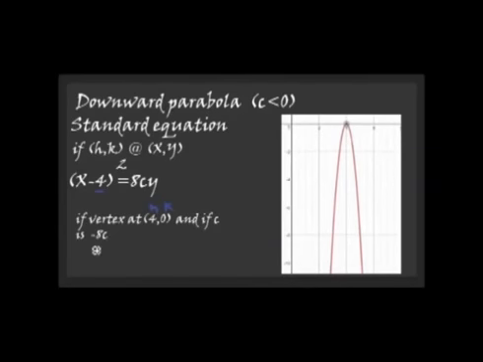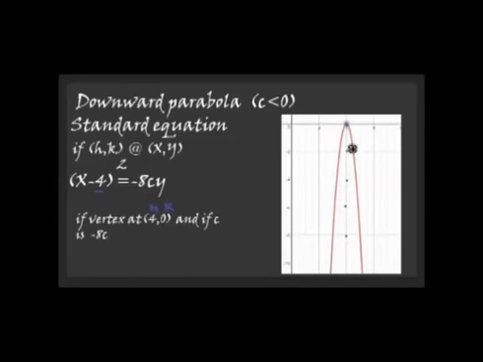Then just substitute the given focus, or c, to make the equation correct. k is equal to 0, so we don't need to write it. Then showing the graph. Okay.